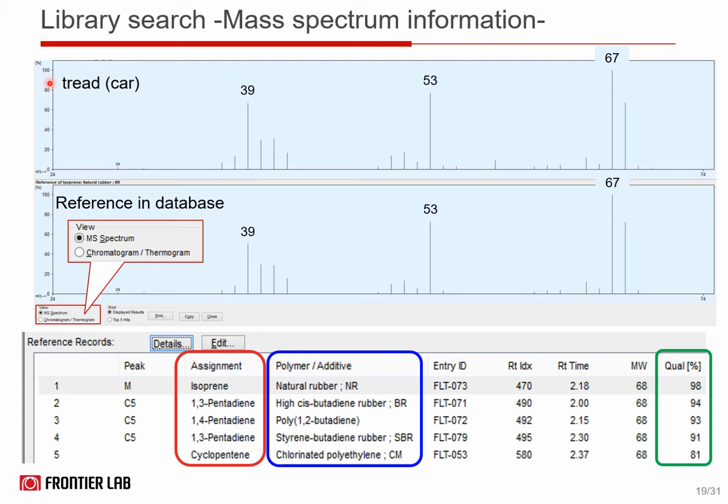The upper row is the mass spectrum of the peak observed at 2.3 minutes in tread A, and the lower row is the mass spectrum of isoprene, a pyrolysate of natural rubber. Since the mass spectra and retention index are consistent, we can identify this peak as isoprene.